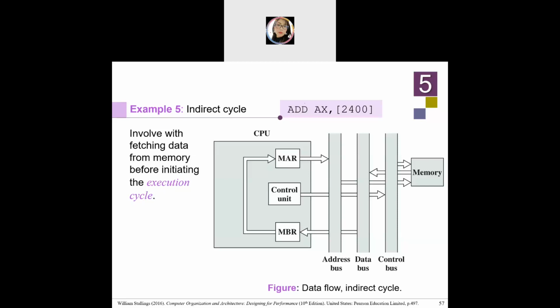So you have the ADD AX instruction, and you have the indirect cycle here. Of course, you need to have the indirect cycle. So how are you going to do it? This one is totally similar to our previous general flow for the indirect cycle.